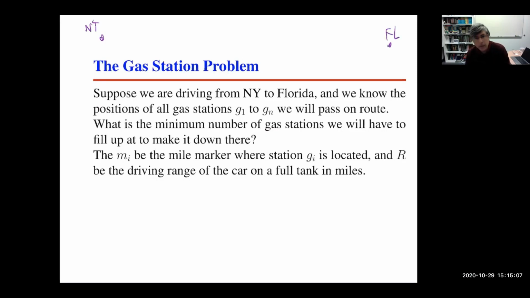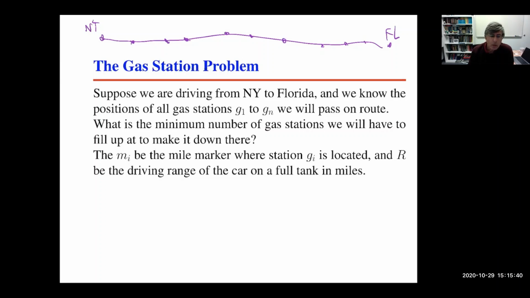You want to end up at Disneyland. And along the way, there are gas stations. And being an efficient planner, you would like to find the best set of gas stations to stop at between here and on your trip. And in particular, we'd like to minimize the time we need to stop.